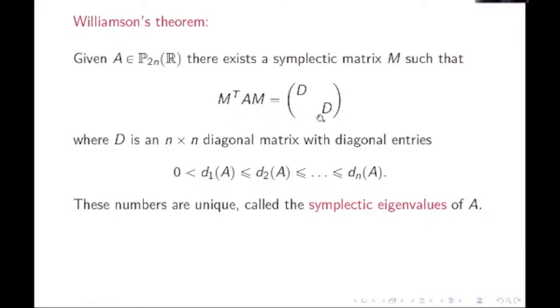The diagonal elements we get from spectral theorem are called the eigenvalues, and the diagonal elements here we call symplectic eigenvalues. So in that sense, symplectic eigenvalues and eigenvalues are analogous notions, but both are fundamentally different. For example, A has size 2n, so it has 2n eigenvalues, but only n symplectic eigenvalues.